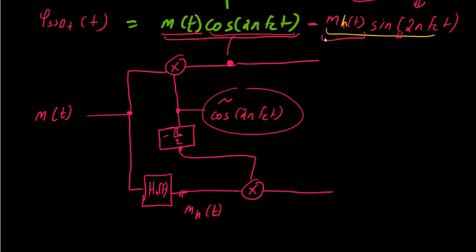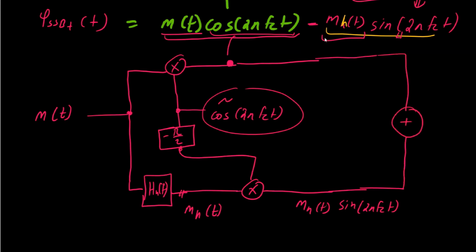Eventually over here we would have m h of t times sine 2 pi fct, and then we are having a summation with this positive and this negative. So this is our SSB plus of t, that is the upper sideband modulated signal.